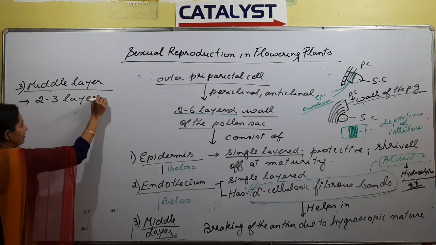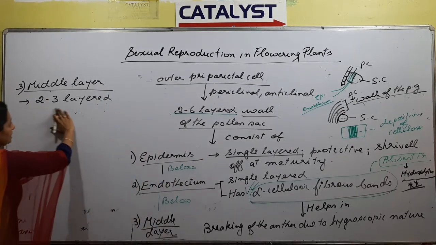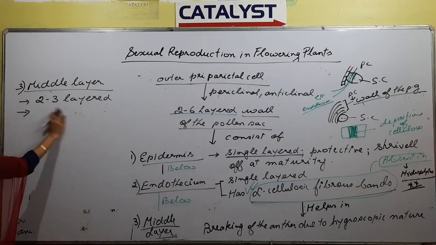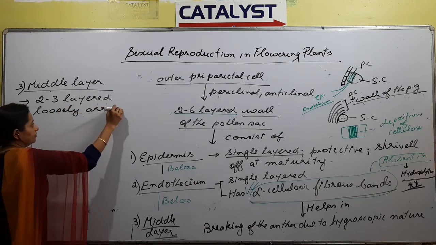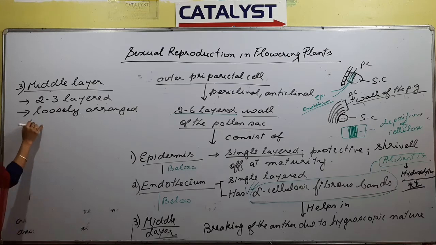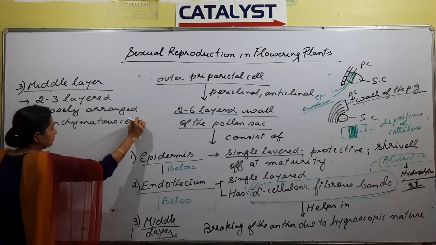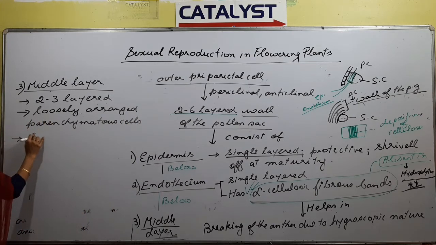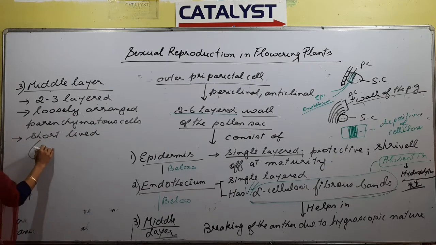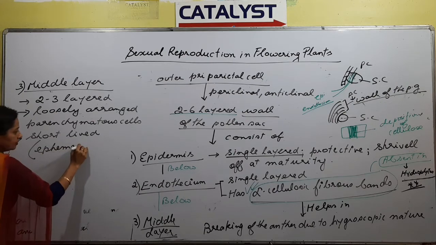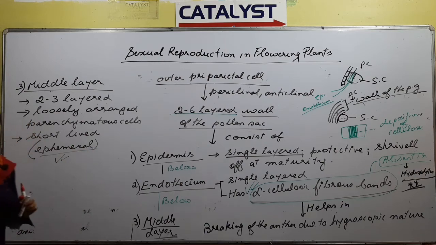What we saw earlier, the epidermis was single layered, the endothecium was also single layered, but the middle layer is made up of two to three layers, and these cells are made up of loosely arranged parenchymatous cells, right, and they are very short-lived. And whenever we use the word short-lived, you need to know the word ephemeral. What is ephemeral? Short-lived is called ephemeral. Something that lives for only a few days, we call it ephemeral.